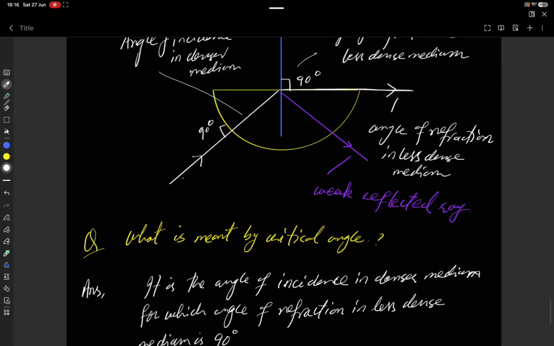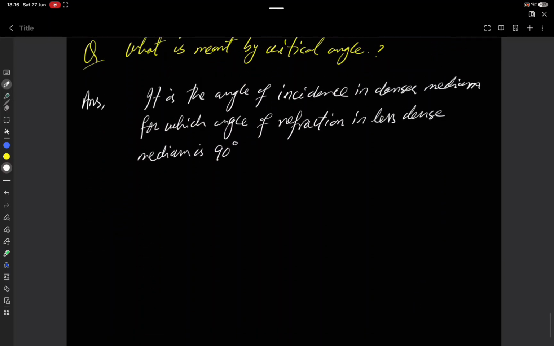Remember that this critical angle is always formed in the denser medium. This is my angle of incidence. We name it the critical angle. It is always formed in the denser medium.